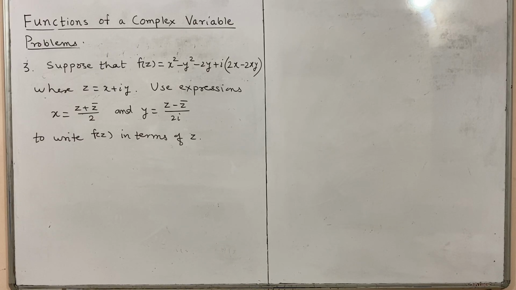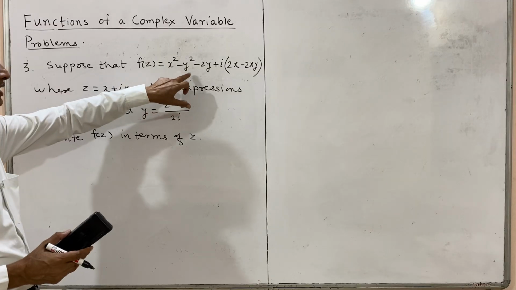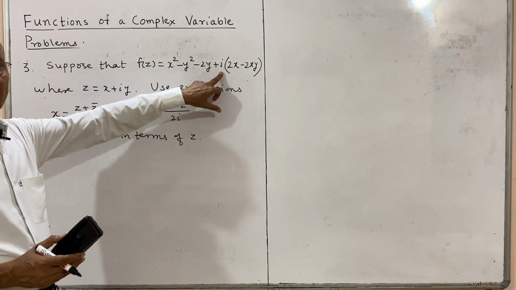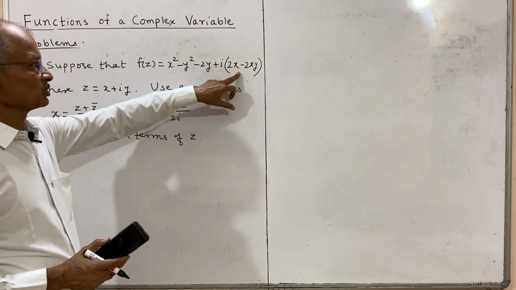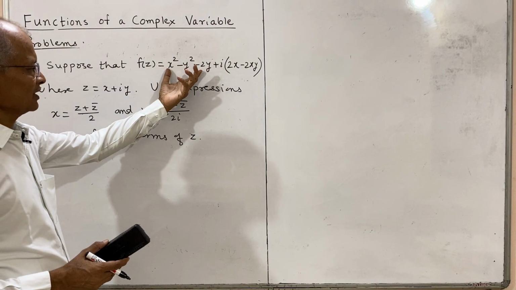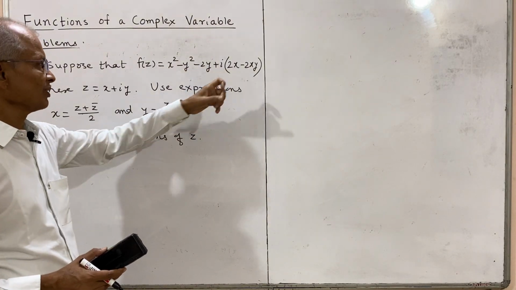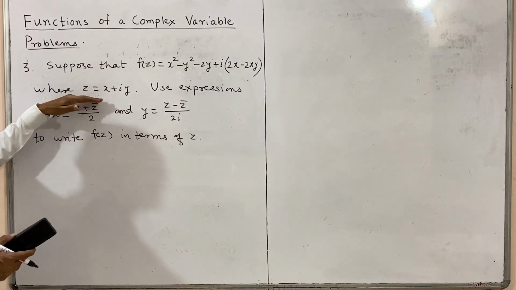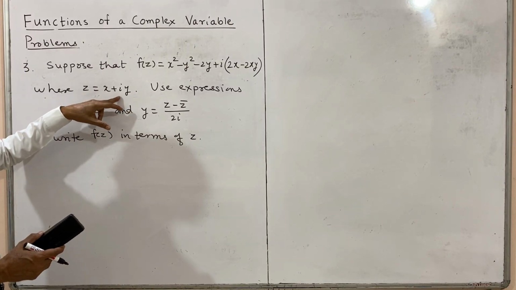See, the third problem is: suppose f of z is equal to x square minus y square minus 2y plus i into bracket 2x minus 2xy. So this is u of x comma y, and this is v of x comma y, where z is x plus iy.